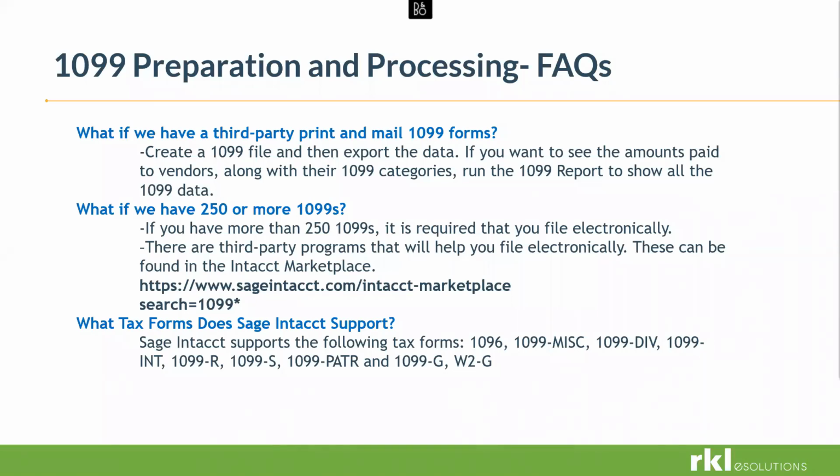And like I said, in our marketplace, we have third-party programs that we work with, and they would help transmit the file. If you have to print the actual forms, then our tax forms are right there at Sage Intacct support, in the Resources Center on the home page. These are the forms that Intacct supports: all the 1099 forms, 1096, and W2Gs if you need them.